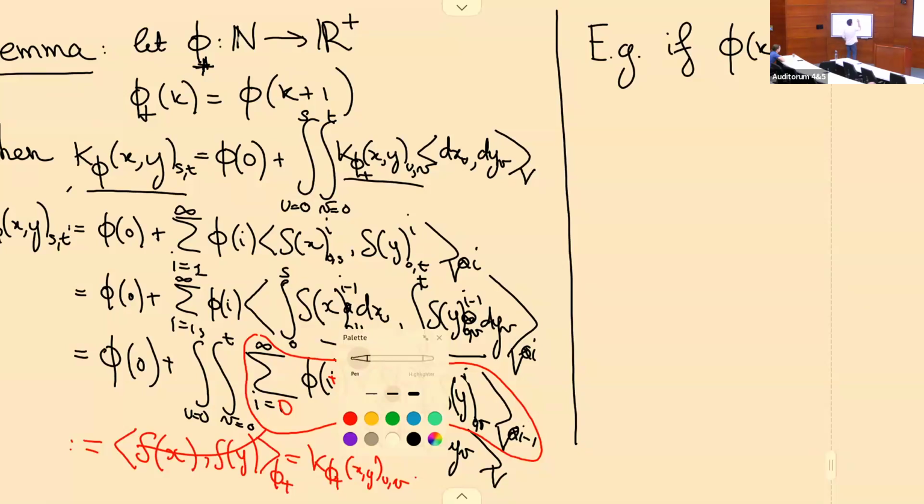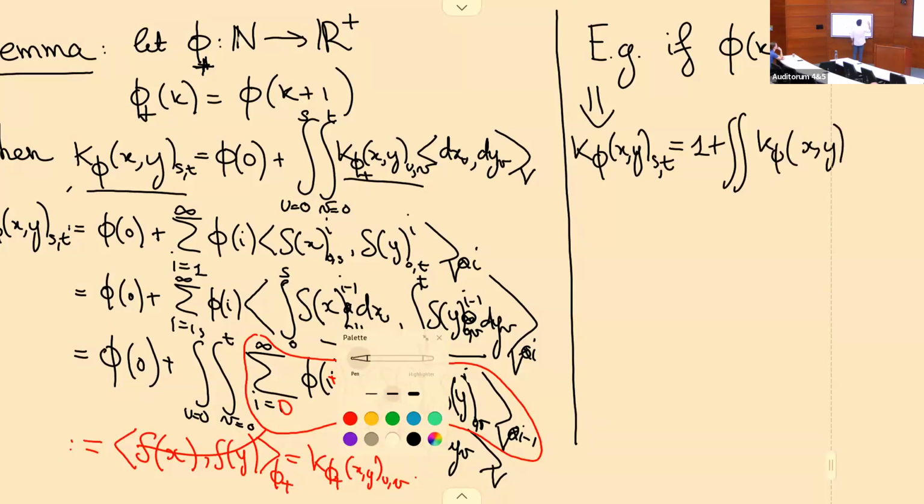In this case, k phi xy st is equal to 1 plus the integral of k phi xy uv dxu dyv, over 0 to s and 0 to t.